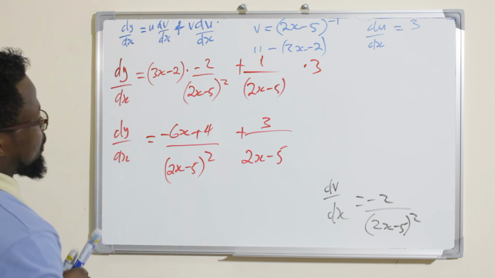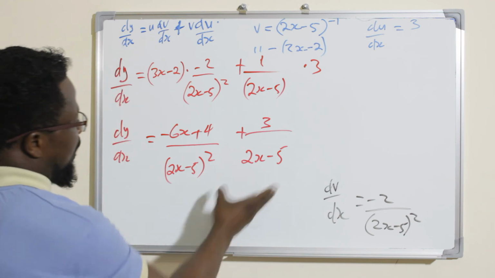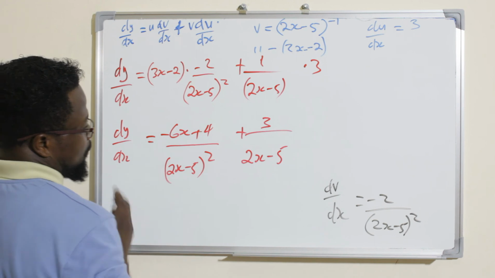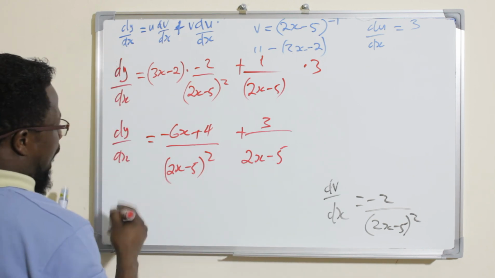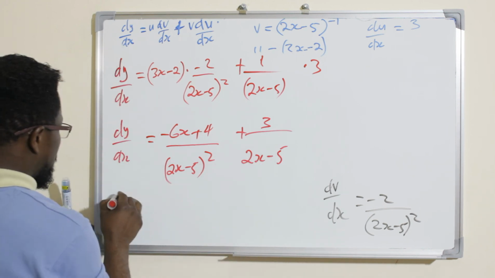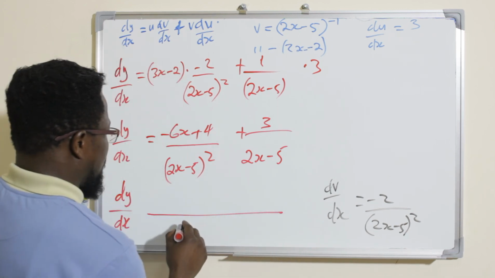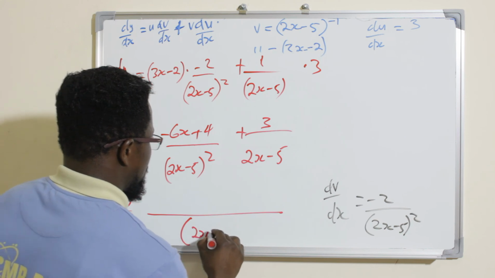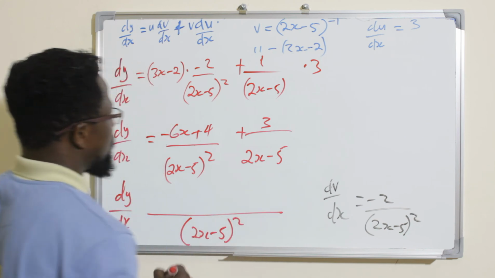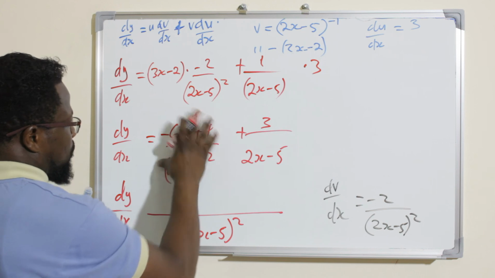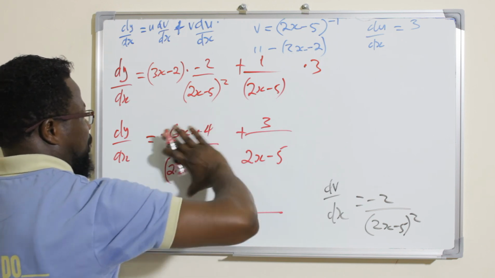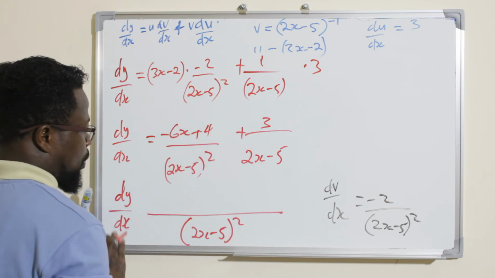Now I have gotten this. As I said earlier, this is a factor of this, so I can write a common denominator for all. I am just going to have it as (2x minus 5) exponent 2. And I'm going to multiply each of these fractions by the denominator.